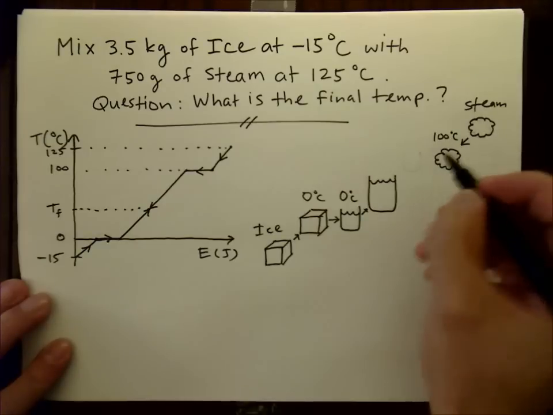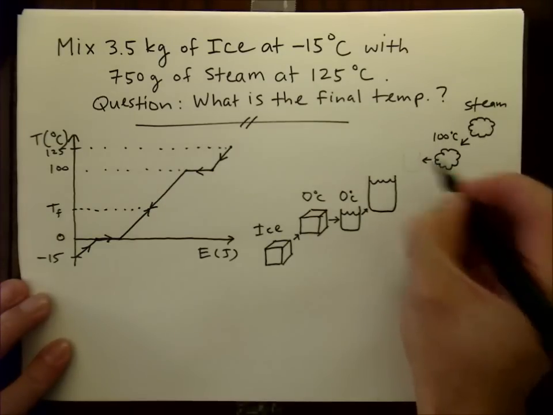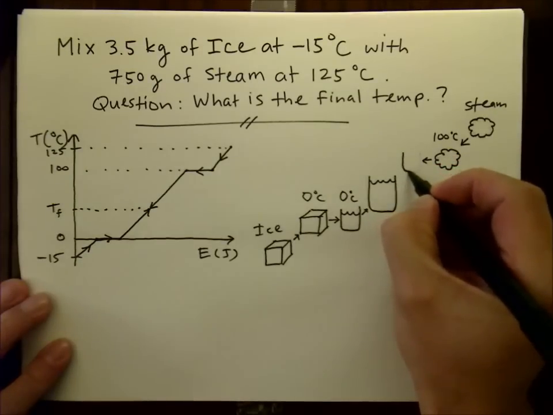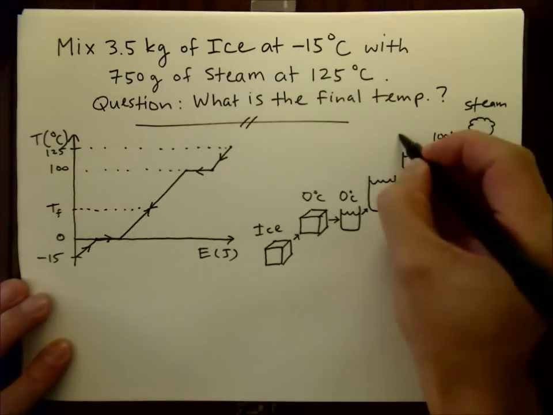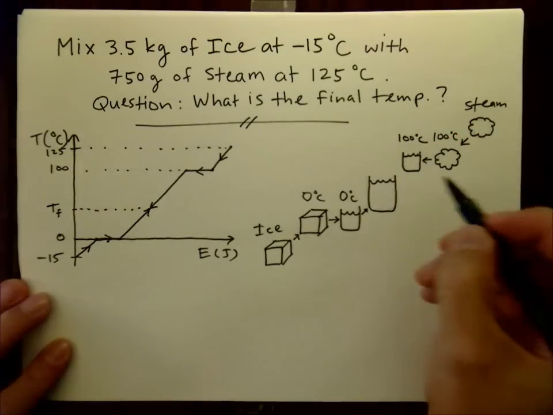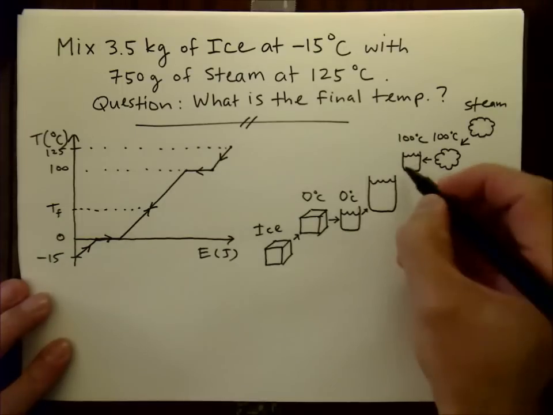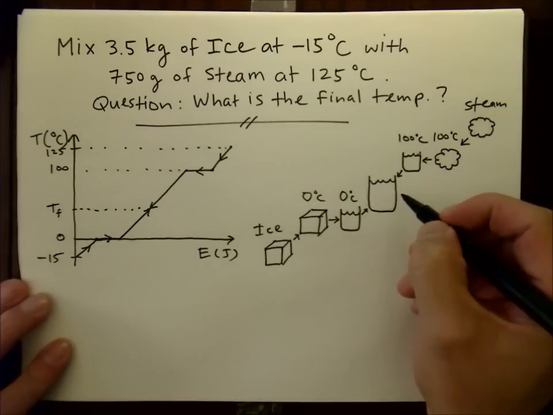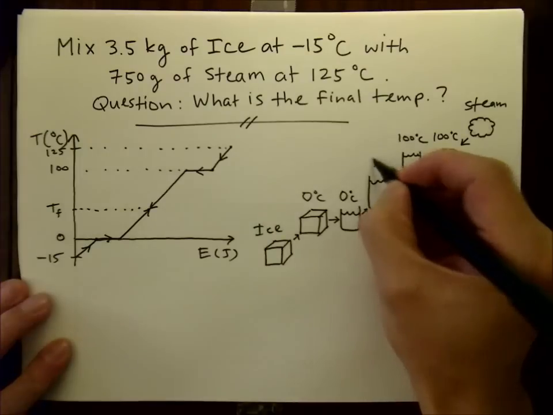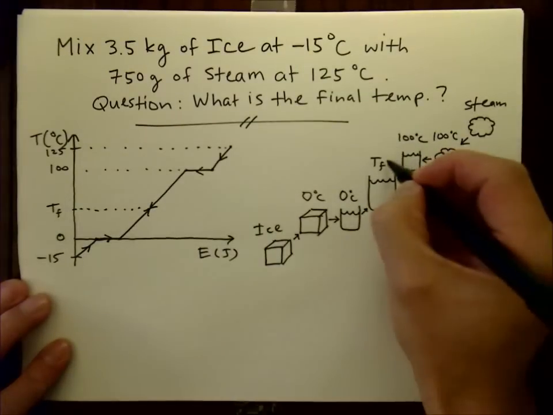Once at 100 degrees Celsius, the steam begins to condense and eventually forms liquid, also at 100 degrees Celsius. Once all the steam is condensed to liquid form, then it is allowed to drop in temperature, again to this final temperature that we're looking for.